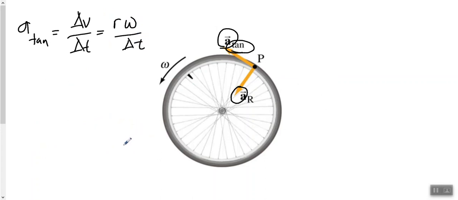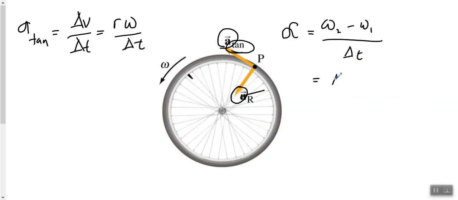So we're going to look into that in terms of angular acceleration. We will now use a different symbol, the lowercase alpha, so it's the change in angular velocity, final minus initial, over change in time.